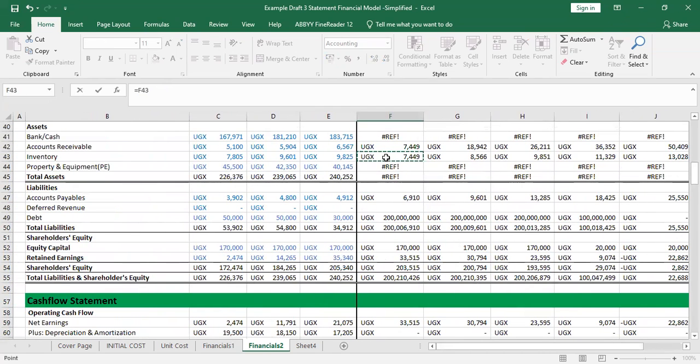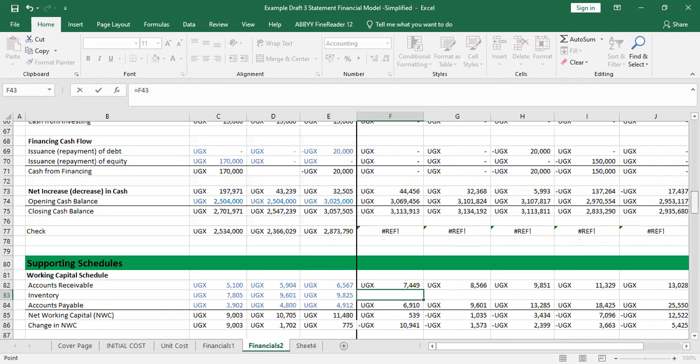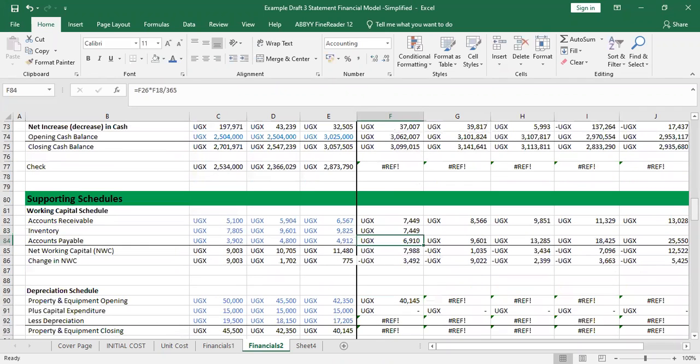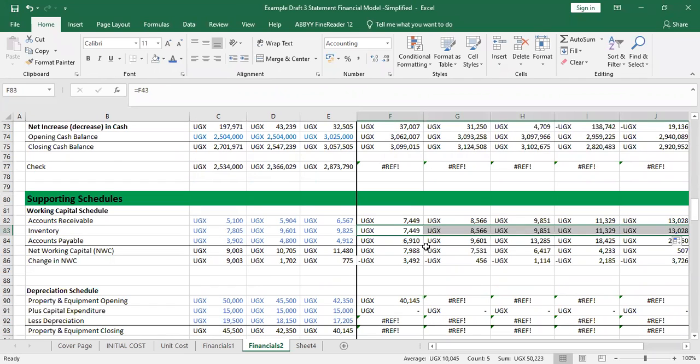The inventory is here, F43. I'll put it here. Okay, I'll extrapolate. Then I'm going to change this again.